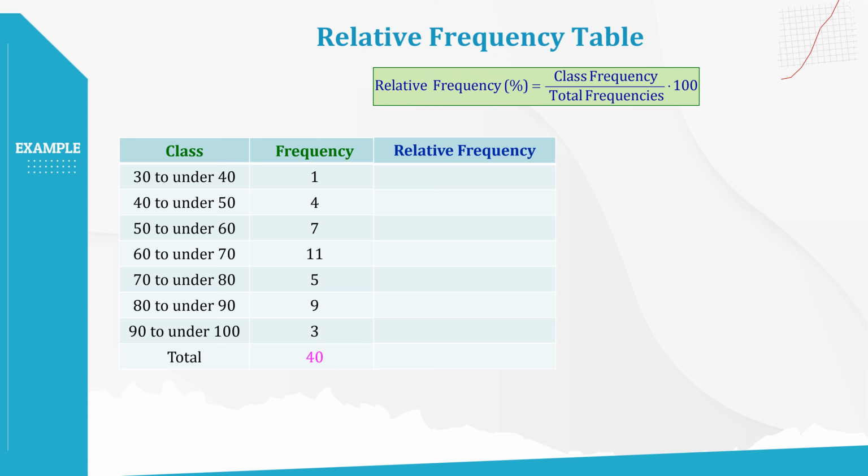The frequency in the first class is 1. Applying the formula, 1 is divided by the total 40, and then multiplied by 100 is 2.5%. Next, 4 is divided by 40 multiplied by 100 to get 10.0%.